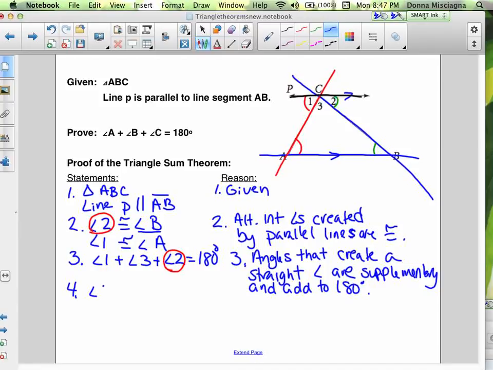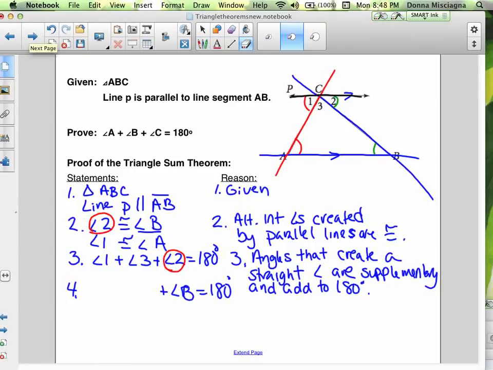So angle 1 plus, I'm going to leave that one blank for a second, angle B equals 180 degrees. Well, I also notice that's not the only thing that's congruent. I notice I have an angle, oops, I wrote the wrong one in. Erase angle 1. Angle 1 here is right here, and angle 1 is also equal to something. What if we replace the angle 1 with an angle A?